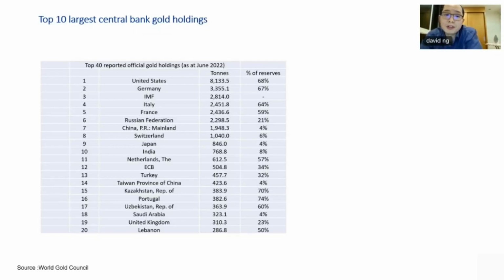But what is important is that, surprisingly, if you look at China, 10 years ago when I looked at this table, China was hardly in the top 10 or top 20 category. Over the decade, China has been rapidly upping their gold reserves. There are a lot of reasons for it, but do watch out: China purchasing so much gold, there must be a reason.